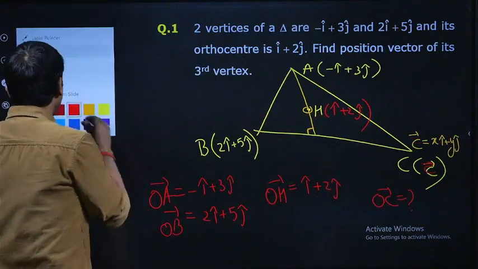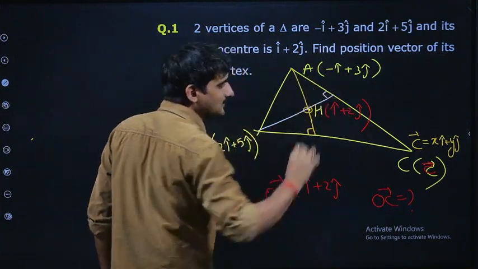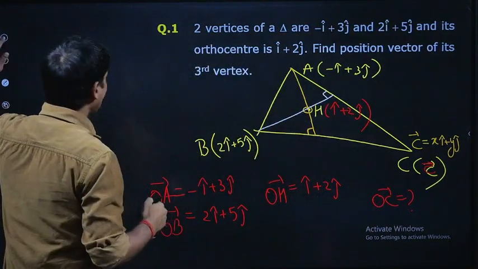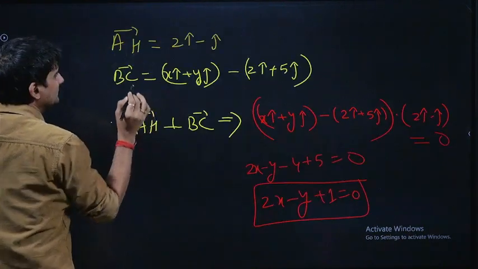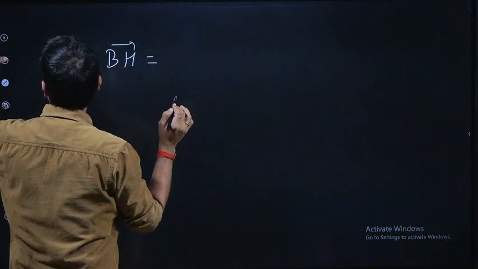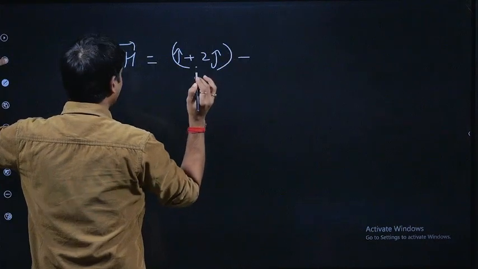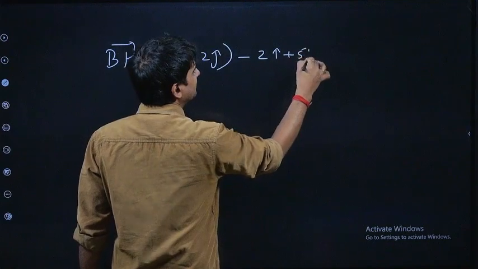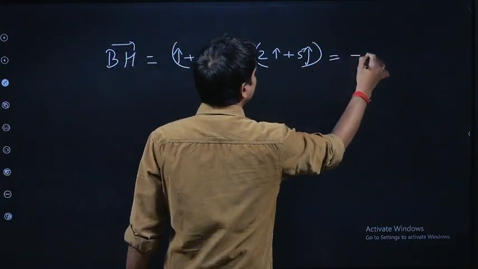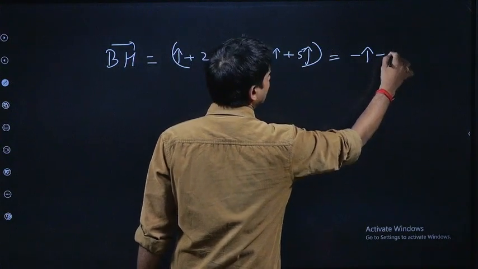Similarly, I can write that BH vector will be perpendicular to AC vector. If I write our BH vector, it is the position vector of H, which is i cap plus 2j cap, minus the position vector of B, which is 2i cap plus 5j cap. So it's minus i cap and then minus 3j cap.